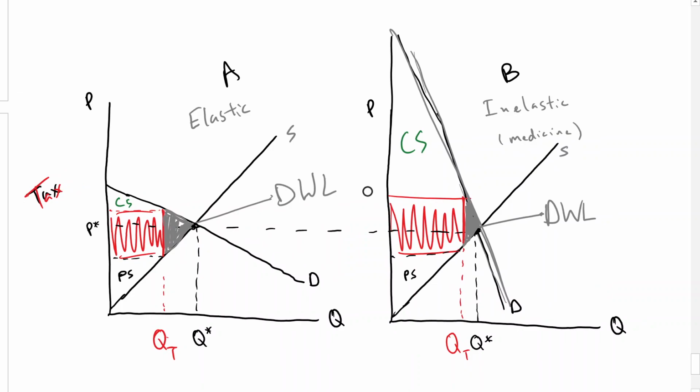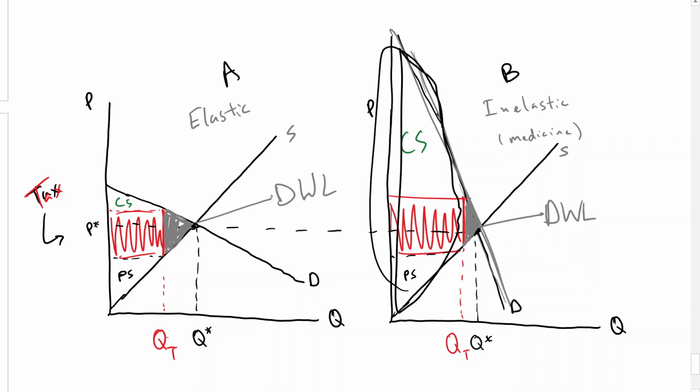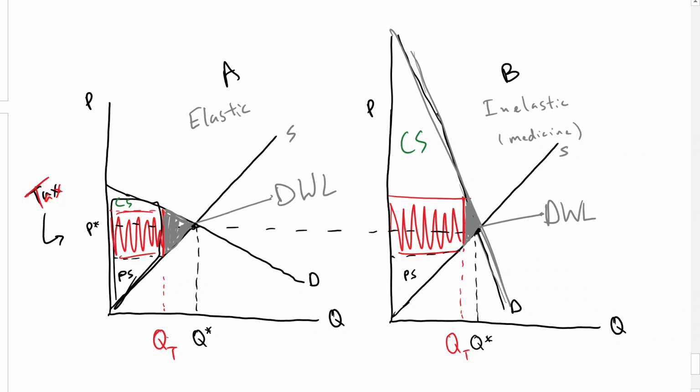And so in both cases, we had the same level of tax. In one case, the total surplus in society decreased by a lot less. So here's the total surplus, and here the total surplus decreased by a little bit more as a percentage of what the total surplus was in the beginning.